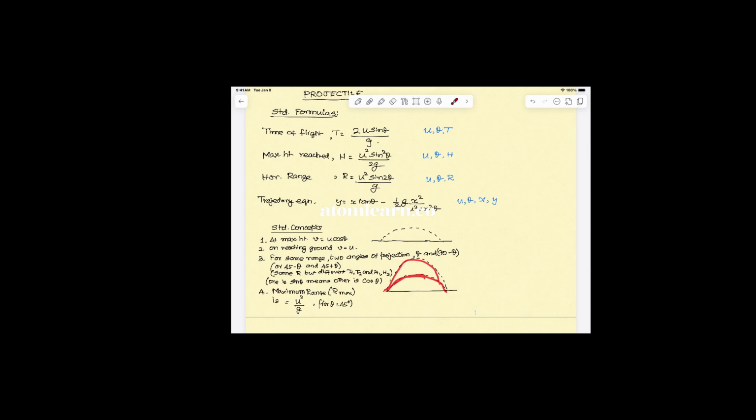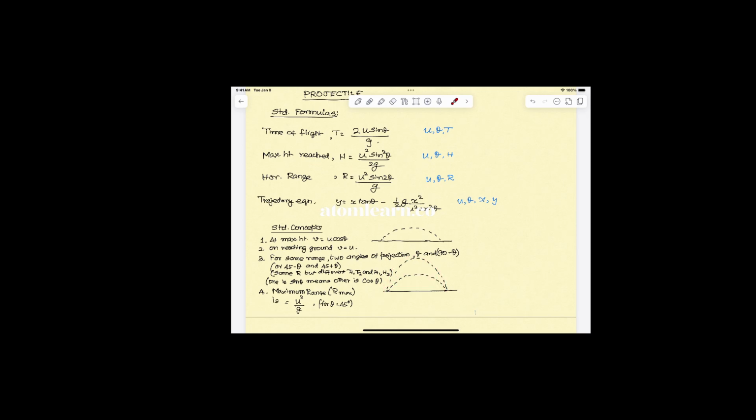This can be seen by means of the height also being lesser. H1 is sine squared 30 times, whereas H2 is sine squared 60 times the same value U squared by 2G. Therefore, H1 will be less than H2, T1 will be less than T2, whereas R will be the same, R1 equal to R2, for both cases.